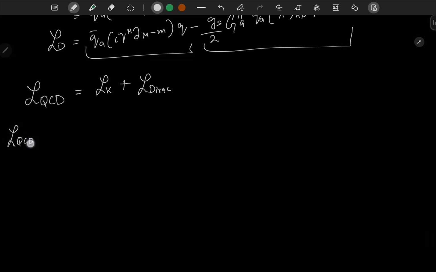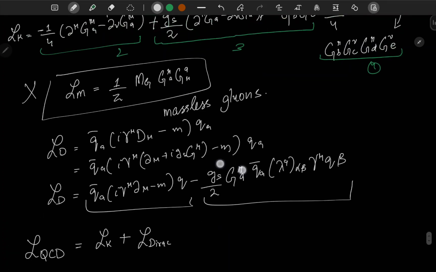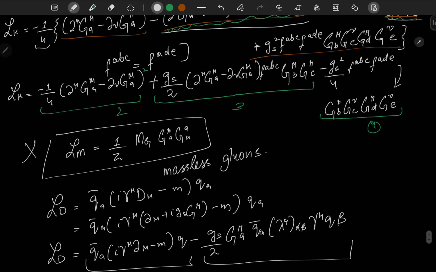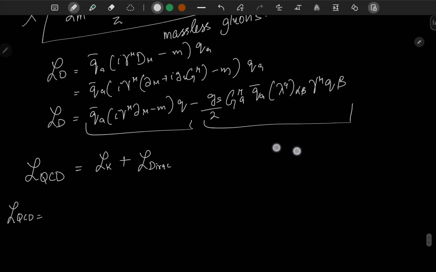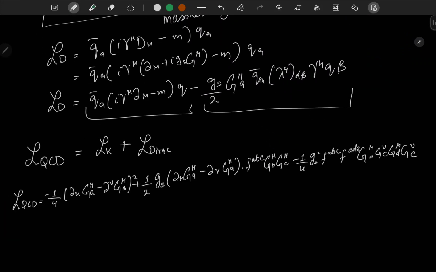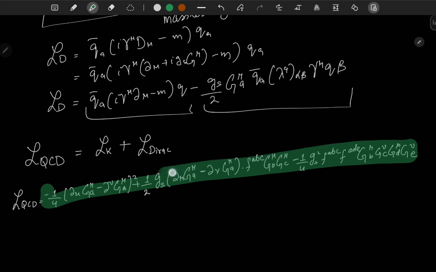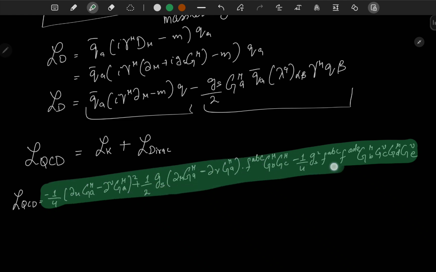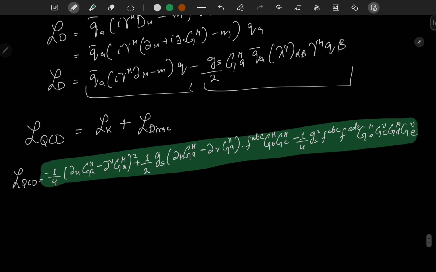First, if we write the kinetic energy term, we can copy this and paste it here. This highlighted part is the kinetic energy term. Yeah, I'm going uphill. Now I'm going to write this part of the QCD Lagrangian.